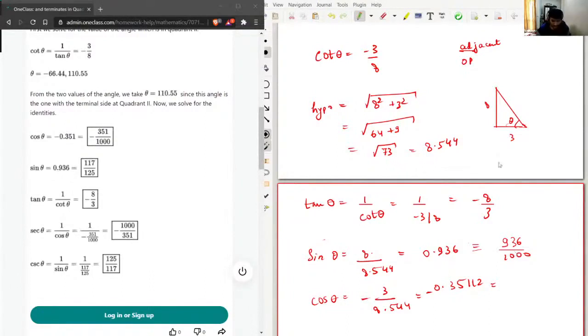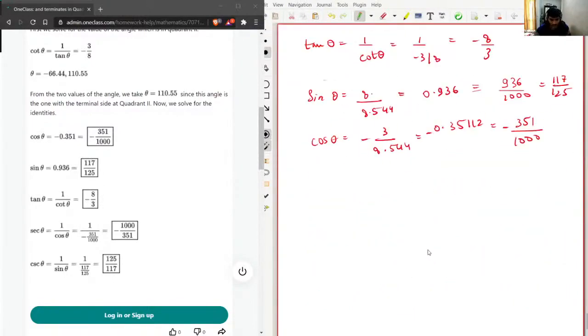So we can directly write this as 117 over 125, and for cosine they haven't done anything, so I can just write 351 over 1000, obviously negative.